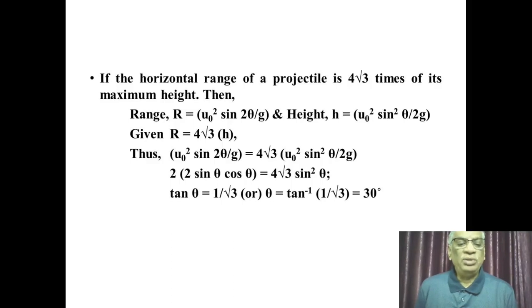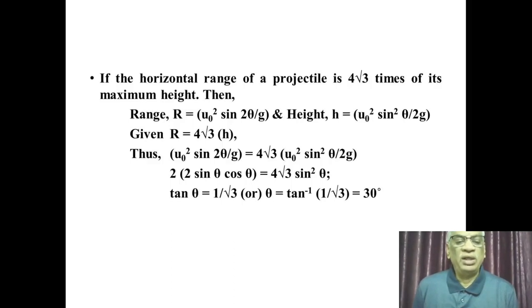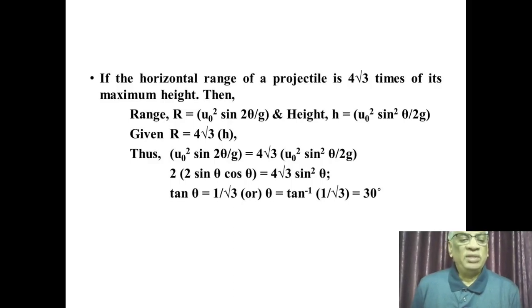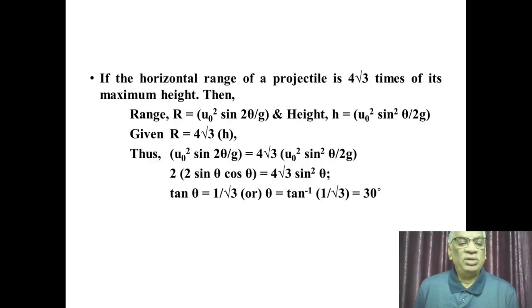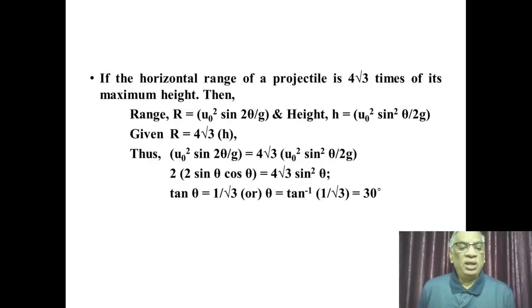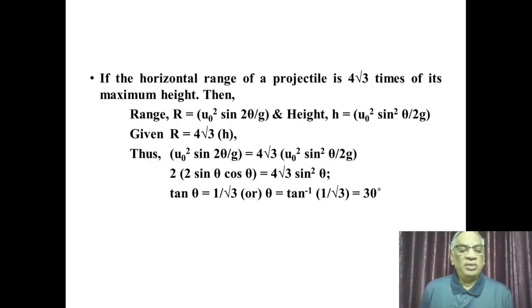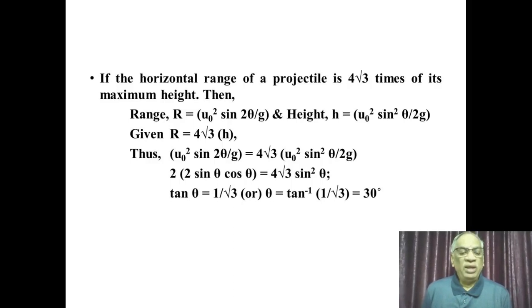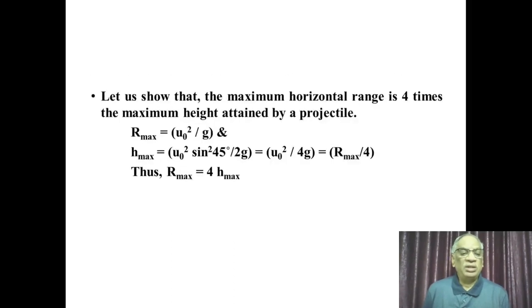Range is equal to u naught square sine 2 theta by g, and the height is equal to u naught square sine square theta by 2g. It is given that range is equal to 4 root 3 h. If you substitute the given condition in the respective equations, you will get tan theta is equal to 1 by root 3, or theta is equal to tan inverse 1 by root 3, that is 30 degrees. The angle of projection is 30 degrees.